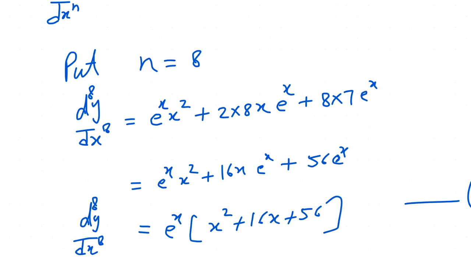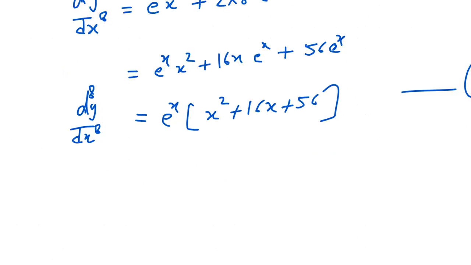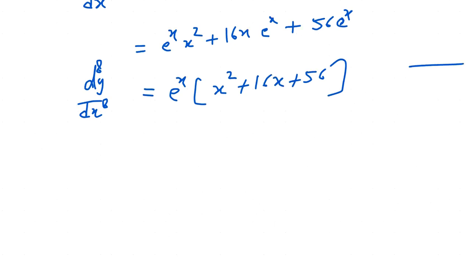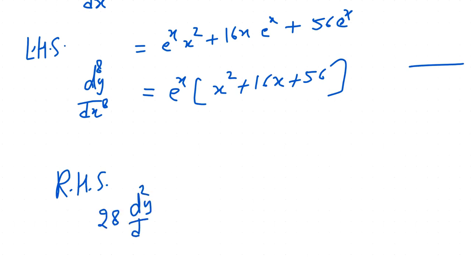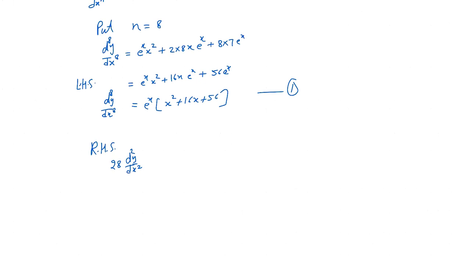Now, let us take this RHS. So, second order, this is LHS and RHS: 28 d square y over dx square minus 48 dy over dx plus 21y. For this, either you can use the formula for nth order derivative, or you can directly find the second order derivative of the given function.